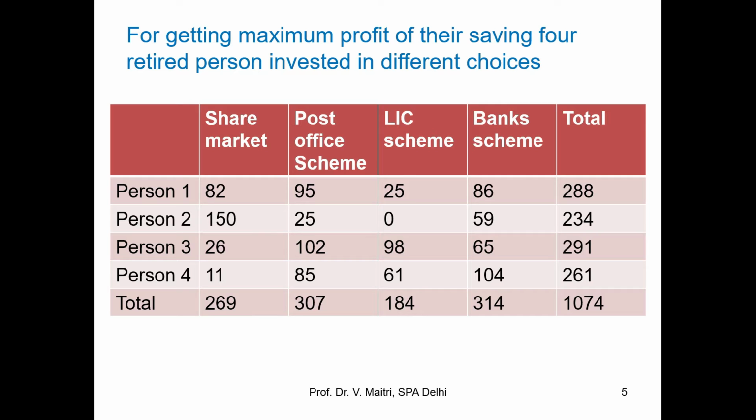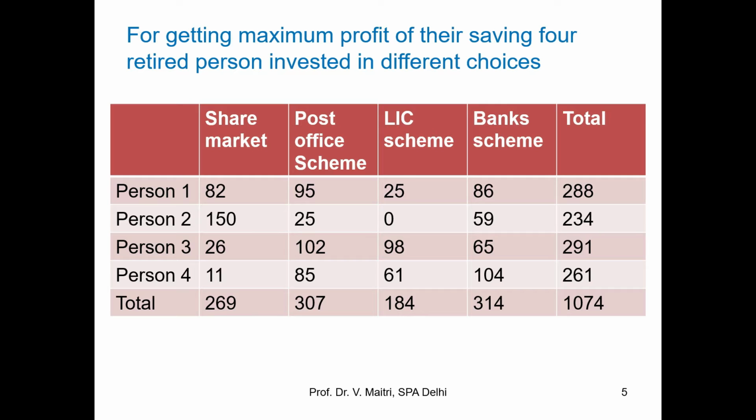Out of the 288,000 rupees that person 1 received, he thought that he should invest 82,000 in the share market, 95 in the post office, 25 in an LIC scheme, and 86 in a bank scheme, because each investment plan has its own risk as well as its own benefit.